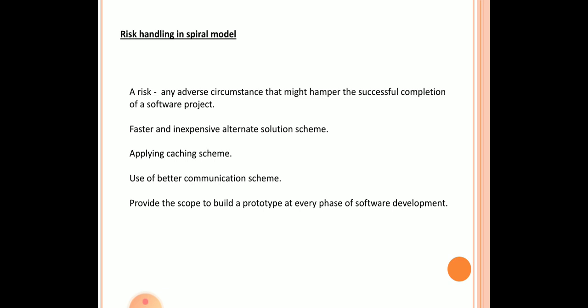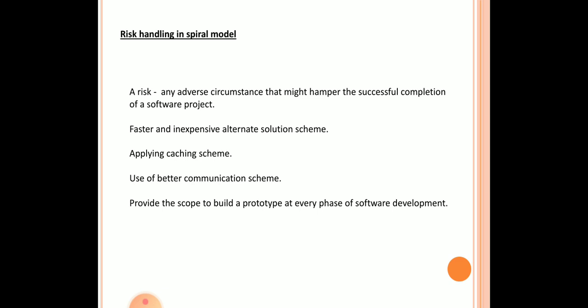This risk can be resolved by building a prototype of the data access subsystem, and we can experiment with that data access subsystem before implementing the original software.